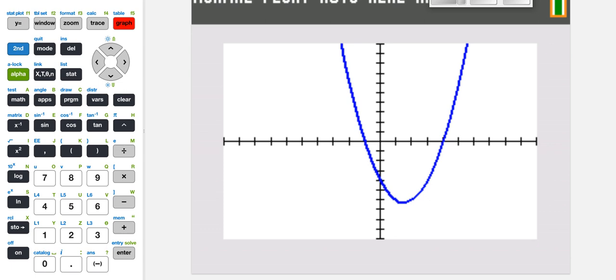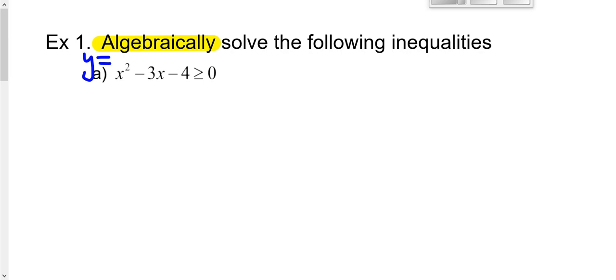Let's sketch this. So draw a number line. We know that our two x-intercepts are 4 and negative 1. And our graph looks something like this. So negative 1 here, 4 here.